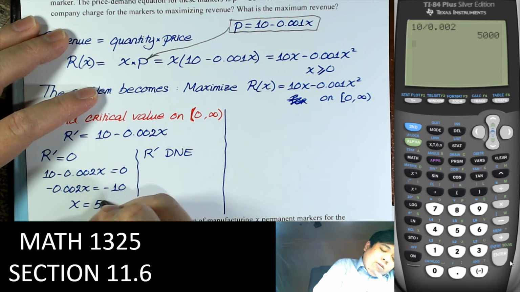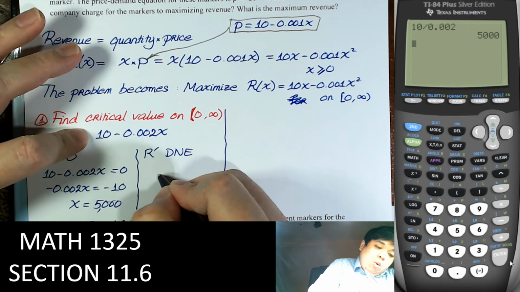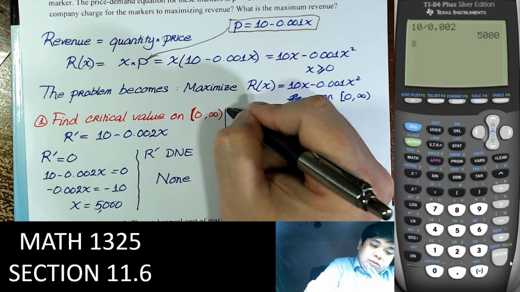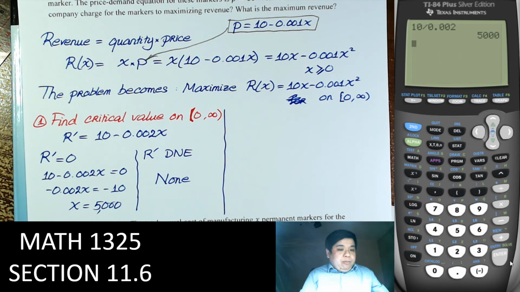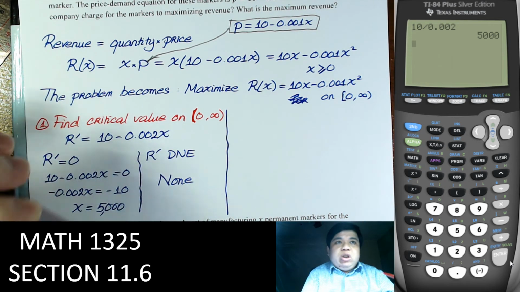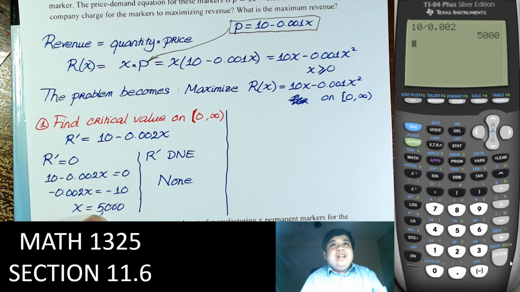That gives 5,000. And there's no place where it does not exist. It's always defined, so there's none. Right. Now, like I said, x is not going to be equal to 0, so we completely throw 0 away. Only consider the open interval from 0 to infinity.